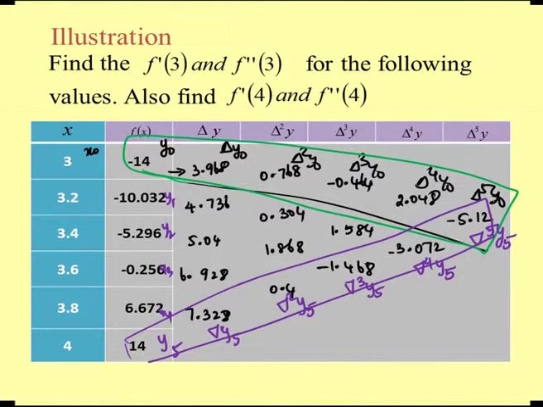Okay, and this is y naught, this is x naught, and this is del y naught, del square y naught, del cube y naught, del power 4 y naught, del power 5 y naught.